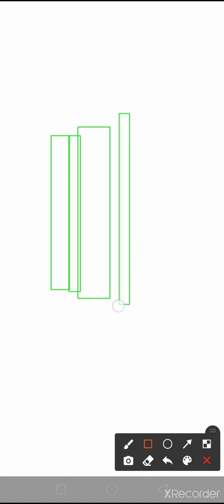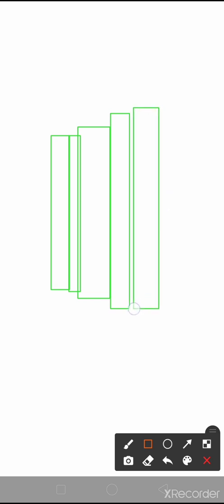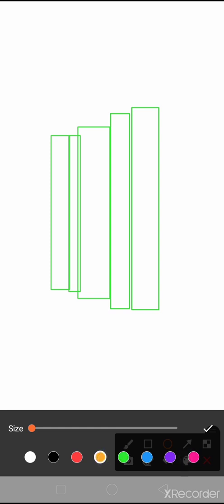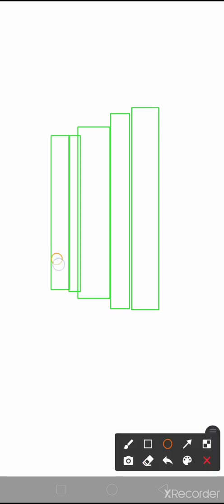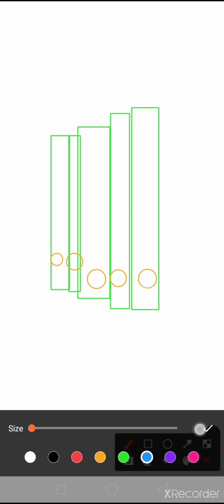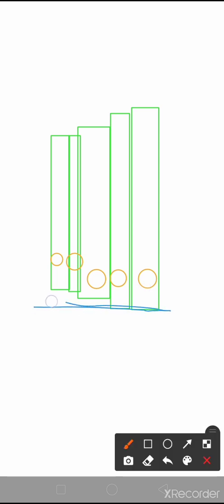The cells are arranged in a single layer and are pillar like, and the nucleus lies at the base of the cells, and there is a non-living basement membrane.